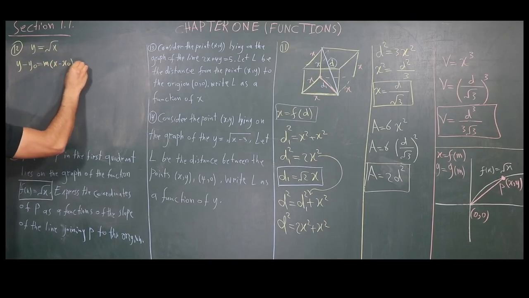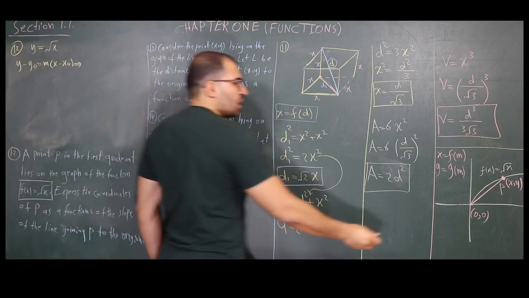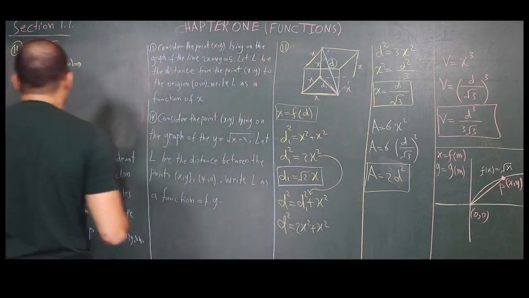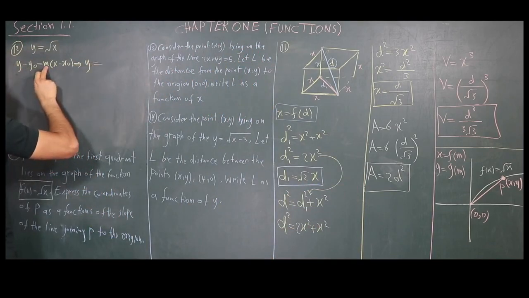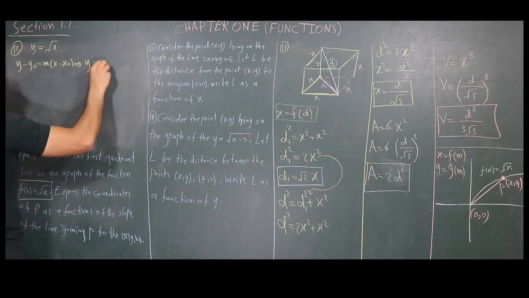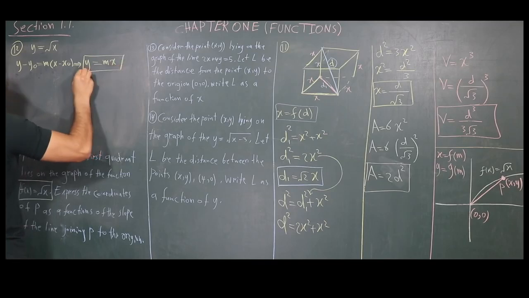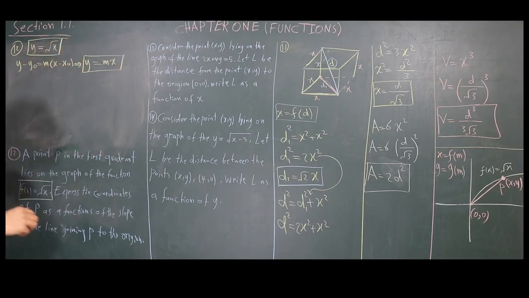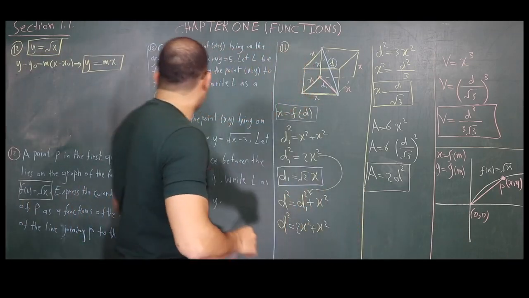It's easy to know that y naught and x naught could be 0. I'm going to take the 0 because that will make the problem easier. So y minus 0 will be y, equal to m times x minus 0, which is x, so y equals mx. So we have this relation, and we have this relation.